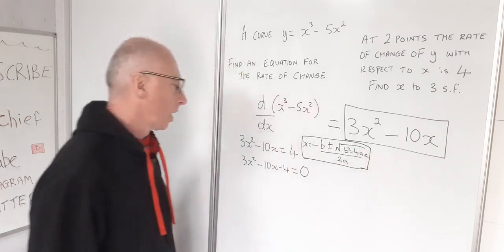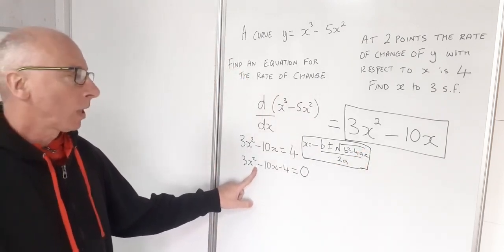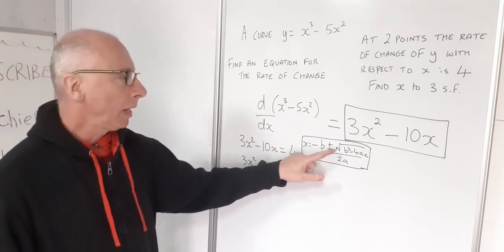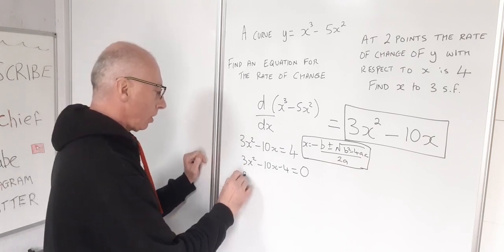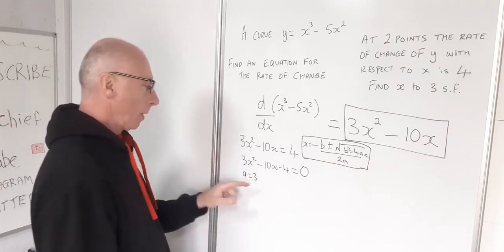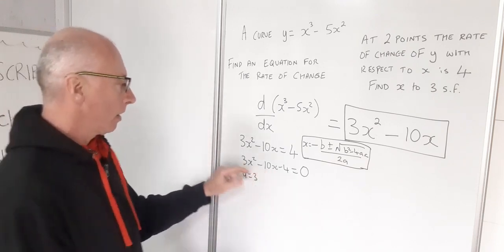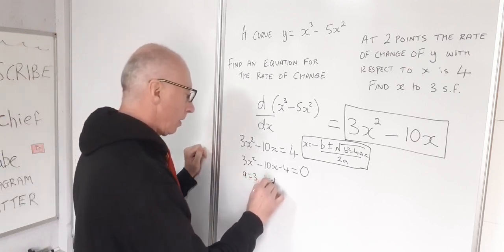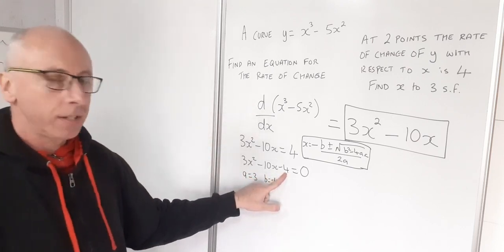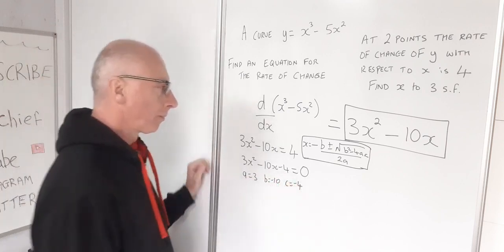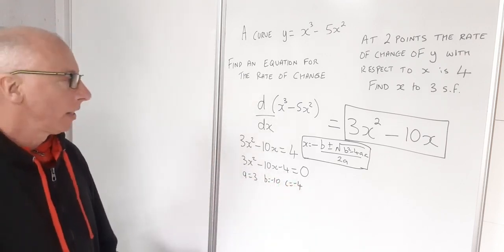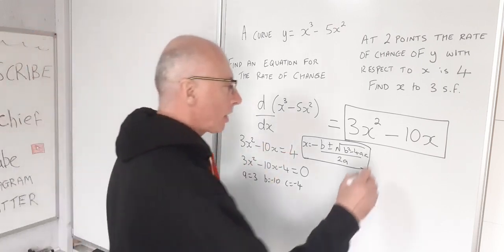Okay, so let's work out what we can use for our inputs here, our a, our b and our c. Well, our a is our x squared coefficient, so a equals 3. Our b is the coefficient for x, so b is minus 10, and c is our constant, so c equals minus 4. Okay, right, let's plug that into our quadratic formula.